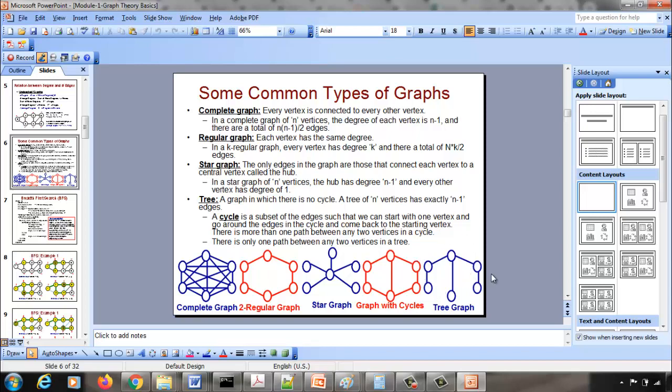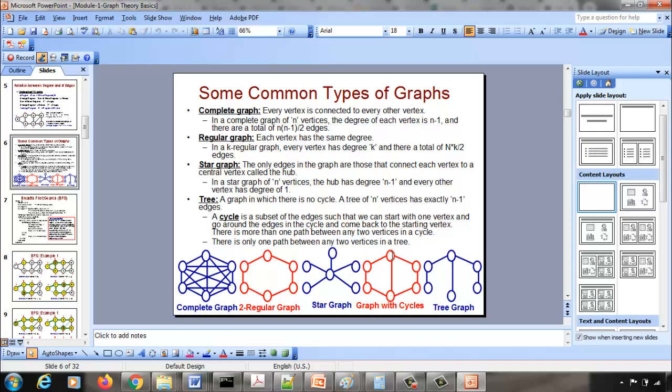Now if a graph does not have a cycle, then it can also be called a tree. So a tree is also a type of graph in which there are no cycles. If a graph has a cycle, you will have more than one path between any two vertices that are part of the cycle.